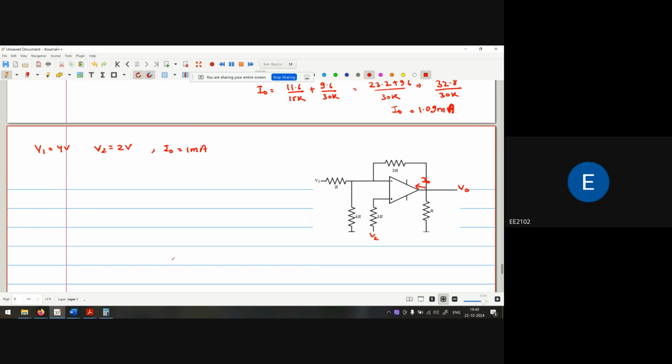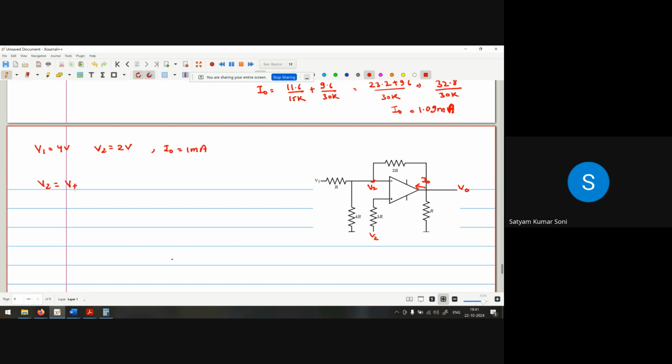What is the voltage at the positive terminal? V2. So at the positive terminal we have the voltage V2, V plus. So what is the voltage at this point? V2 voltage.